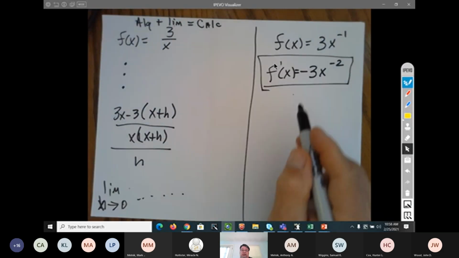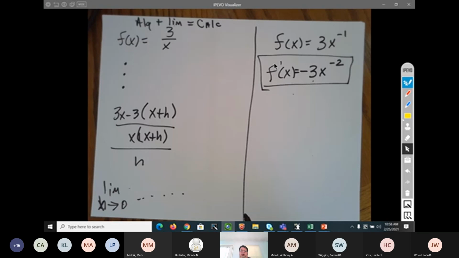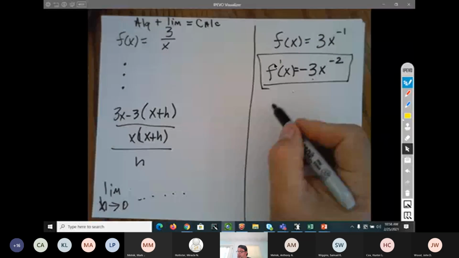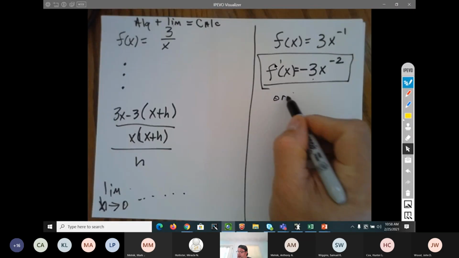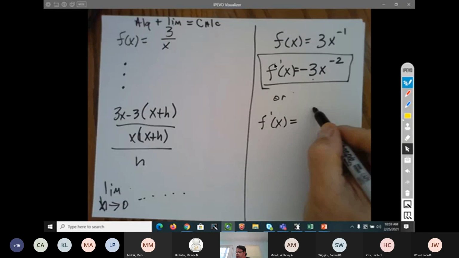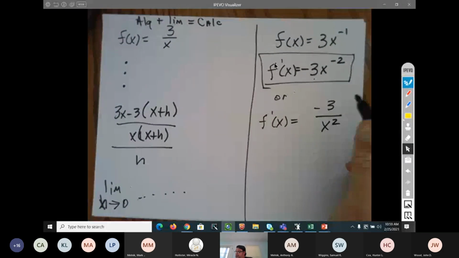And I just did all of this stuff in one step. Okay? Oops, that's a negative, yeah, -3 x to the -2. This right here, or f prime of x is equal to -3 over x squared.